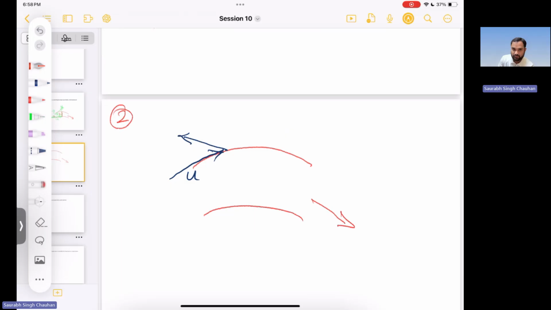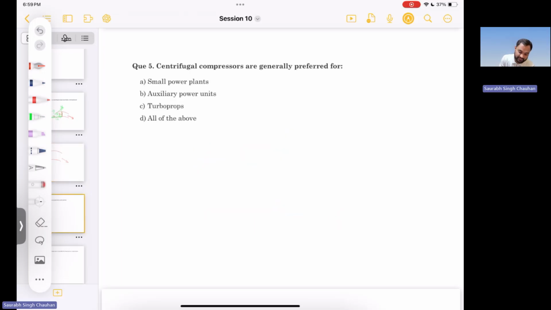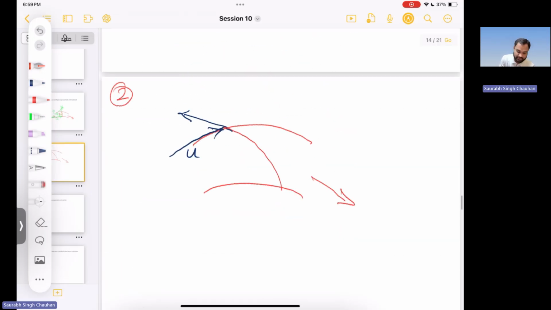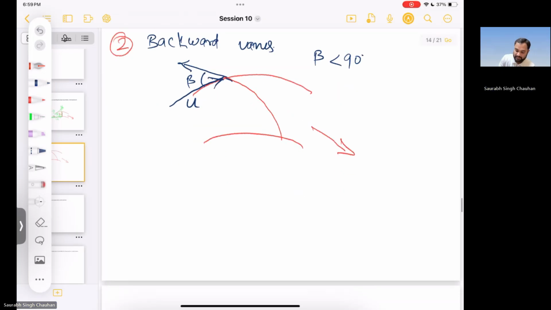So the blade will be something like this. Here you can see this beta is basically less than 90 degree. This is backward vane, backward vanes, and another one is forward vane.